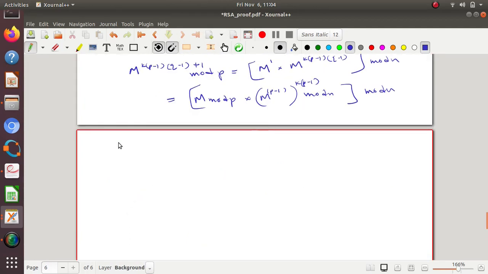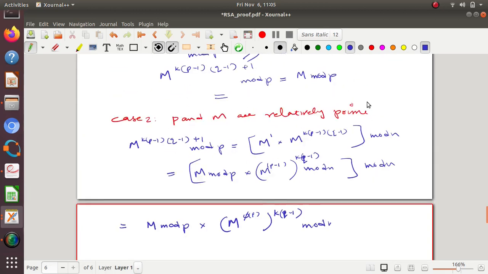So this can be written as m mod p into, one property is, this can be written as m to the power phi of p, because p minus 1 is phi of p. (m to the power phi of p) whole to the power k into, sorry, here we will have q minus 1, mod p. Here it should be mod p, not mod n, we have some mistake.